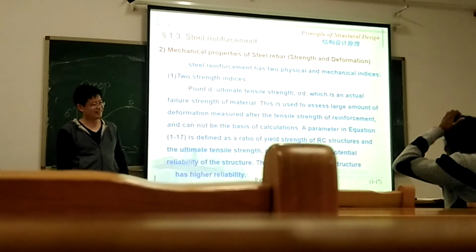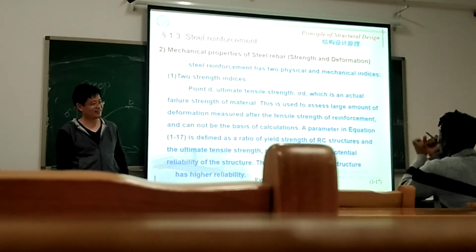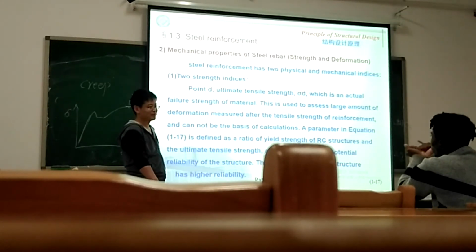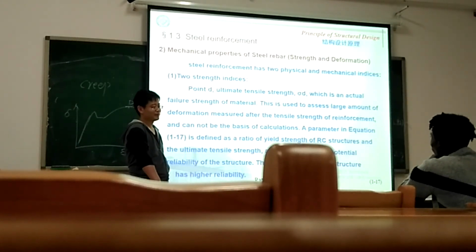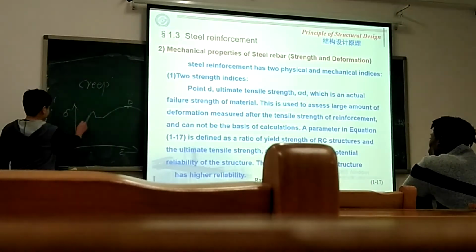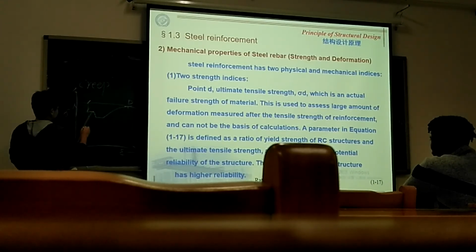When it's smaller, it means the structure tends to have a higher strength reserve after yielding. So a smaller value means that the distance from this point to this point is larger.